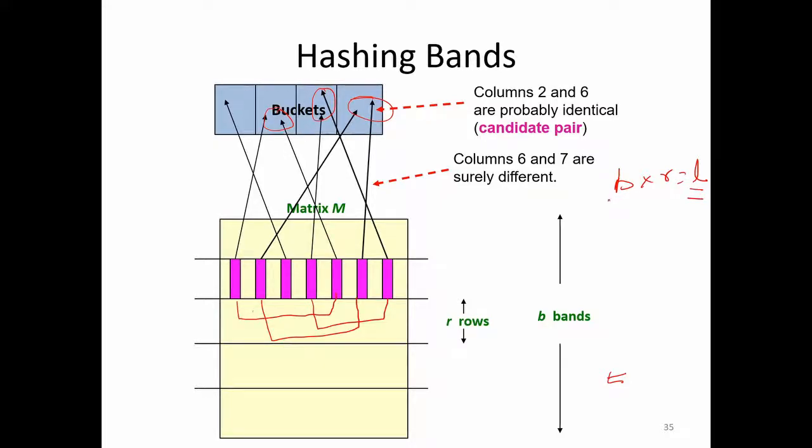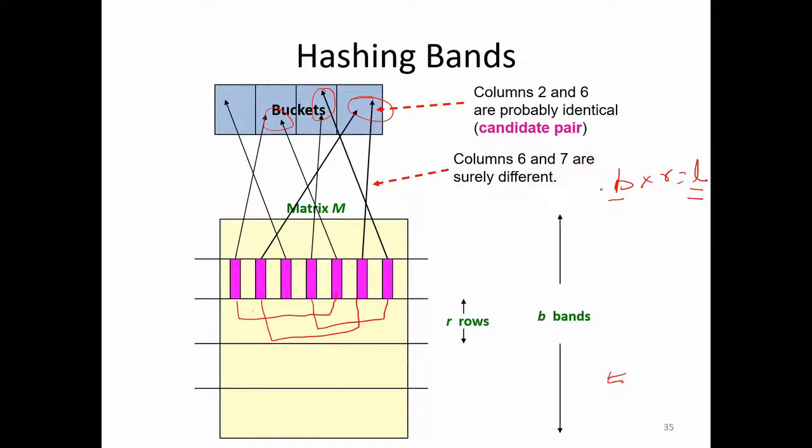So if you choose higher B, you get more candidate pairs, because between the bands you are doing an ORing. Remember, they have to be in at least one of the bands. So even if in one of the bands they are similar, they are a candidate pair.